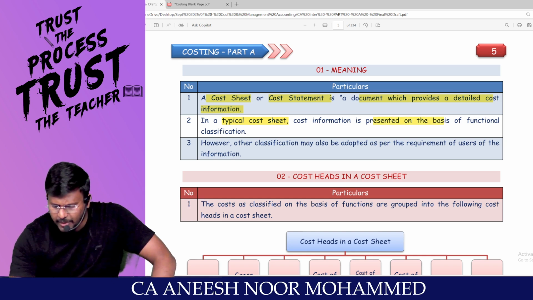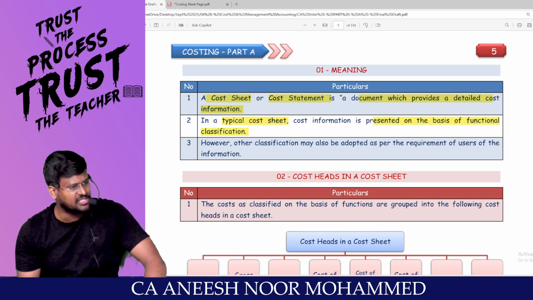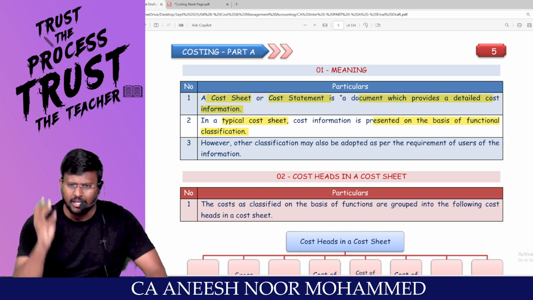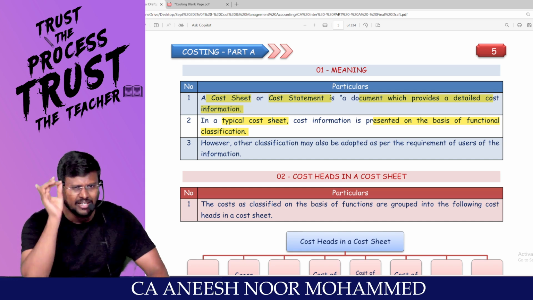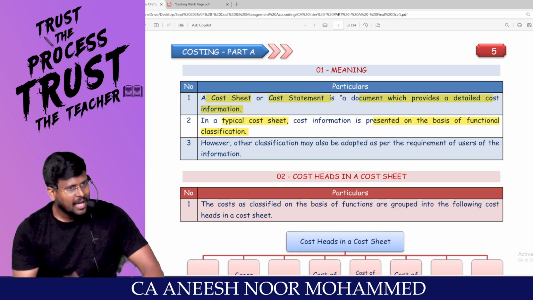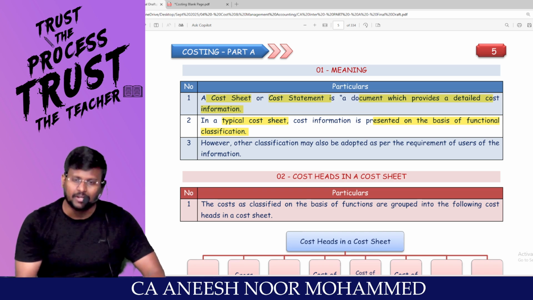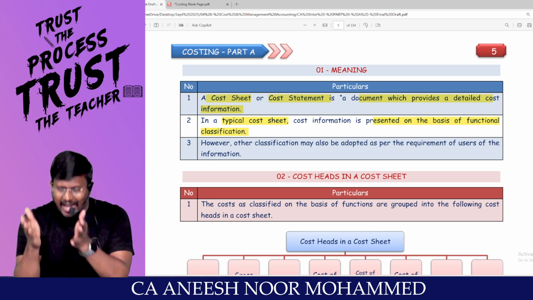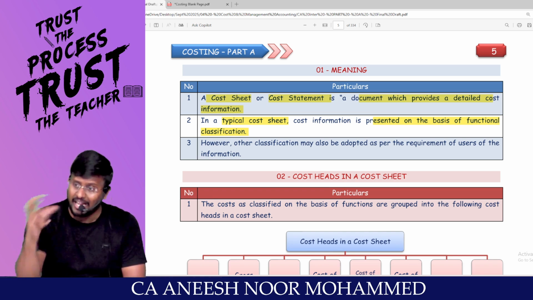Sir, in a typical cost sheet, cost information is presented on the basis of functional classification. Functional classification in the sense means direct material, direct labor, direct expense, all are variable in nature. All are at what overhead? Factory overhead, which is an indirect expense, correct? Where I am incurring the cost, based on that I am recording the cost.